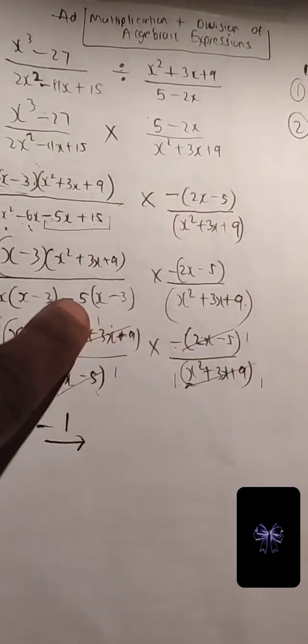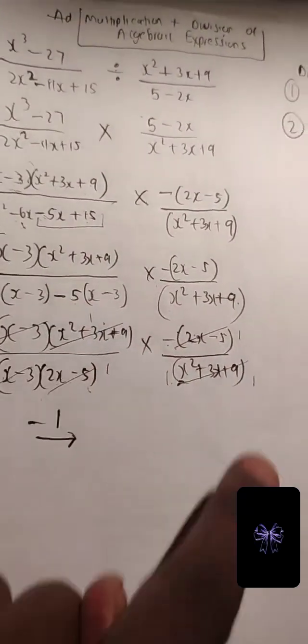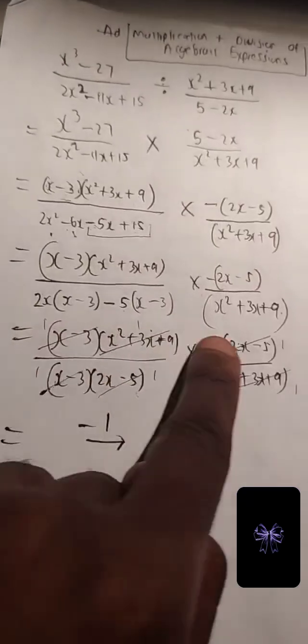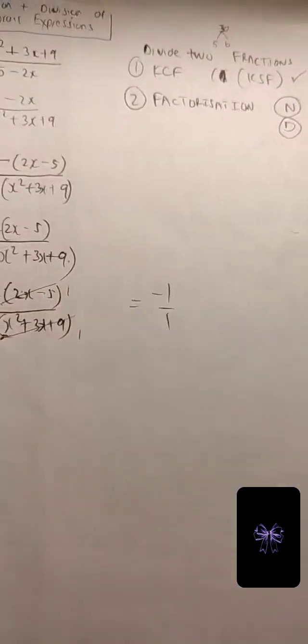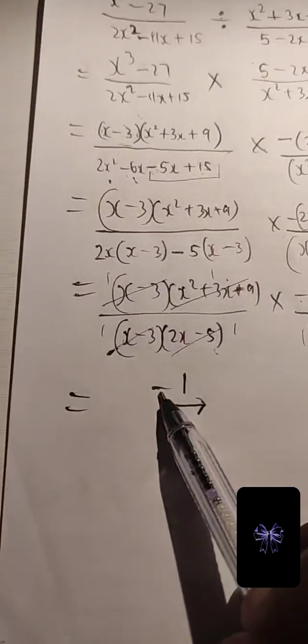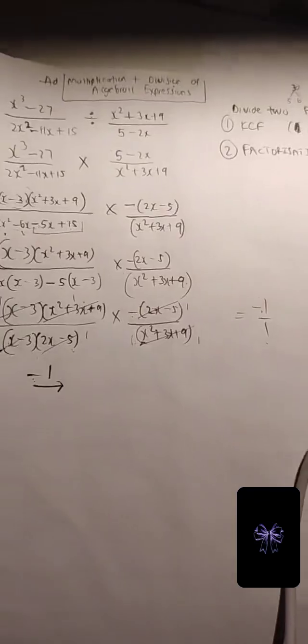This cancelled with that, you are left with 1 at the top, 1 at the bottom. Then you multiply your 1s in the numerator, you get a negative 1. You multiply your 1s in the denominator, you get a positive 1. And then a negative 1 divided by a positive 1 gives you a negative 1. That's what I'm saying.